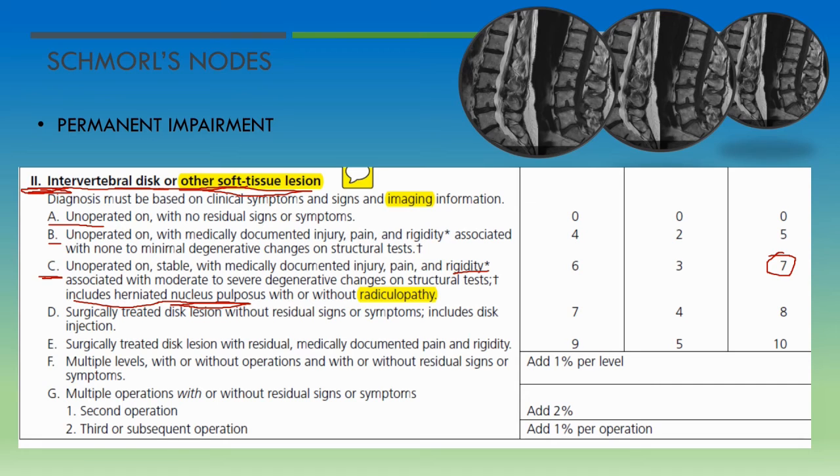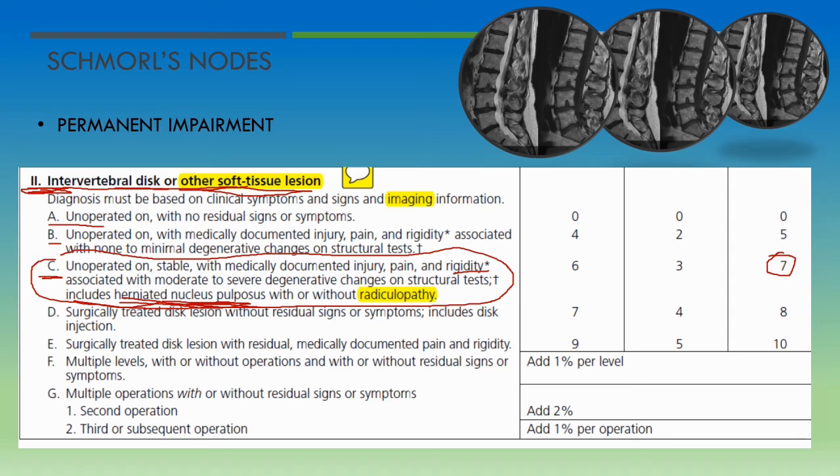But also with a Schmorl's node, we have a vertical herniation of the nucleus pulposus, either superiorly or inferiorly. And so this particular description applies exactly to Schmorl's nodes, even under the strict application of the AMA guides.